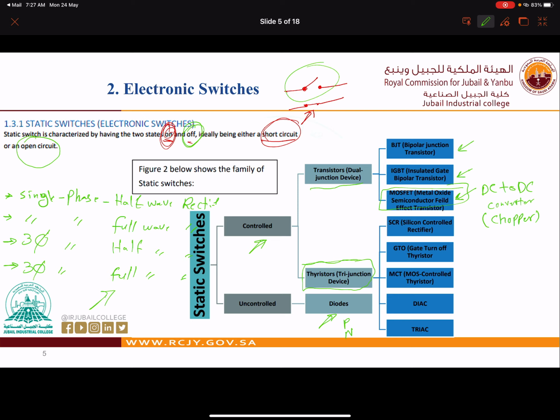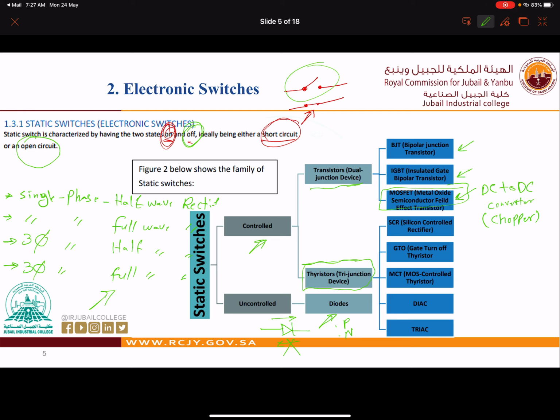So electrons are going from the N to P junction, because P is holes and N is for the electrons. So we will have current going through the diode. Inshallah, I'm going to explain it. So if you have forward bias, then the current will go. If you have reverse bias, the opposite side, then the current is not going to go through.